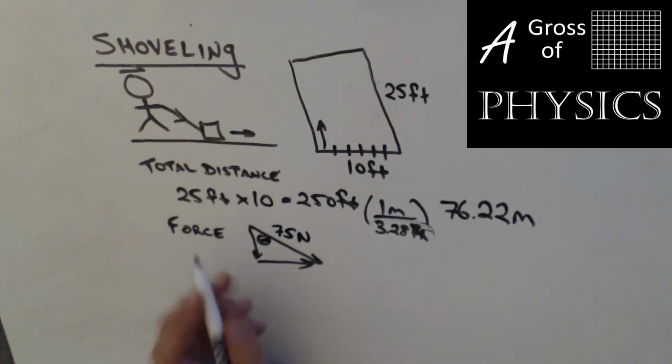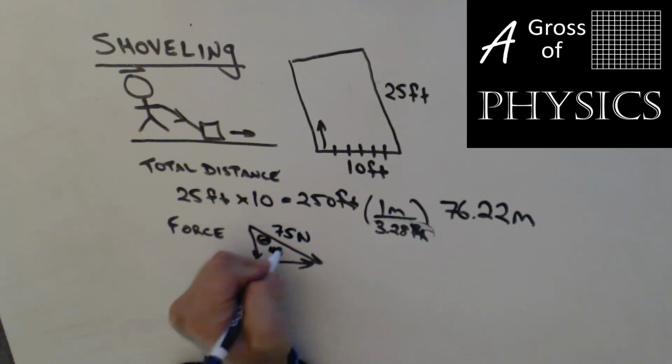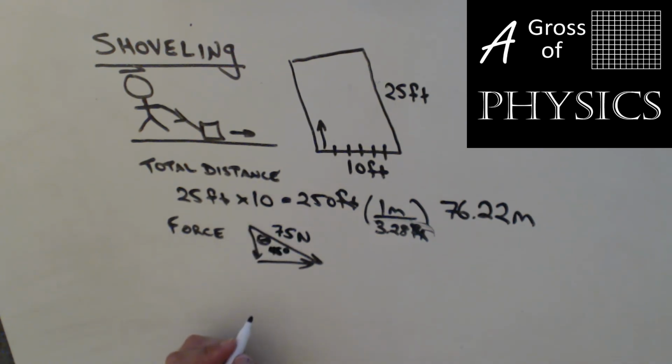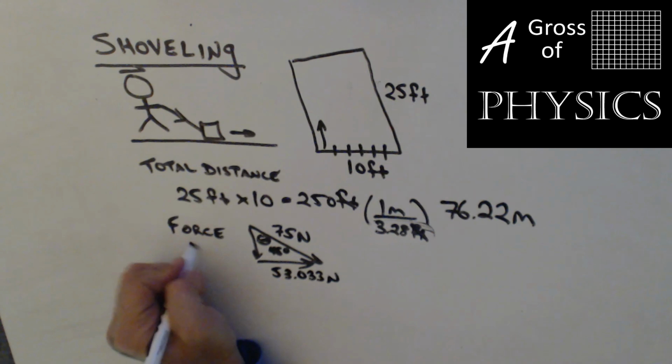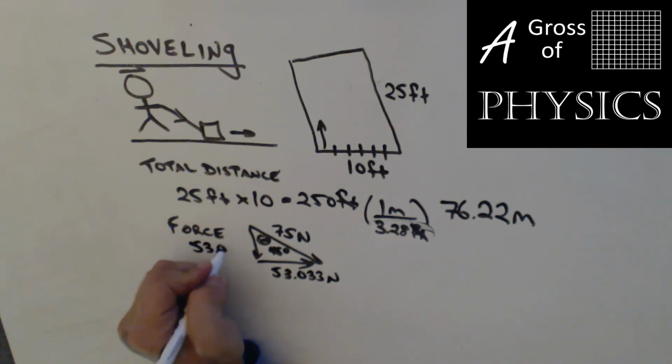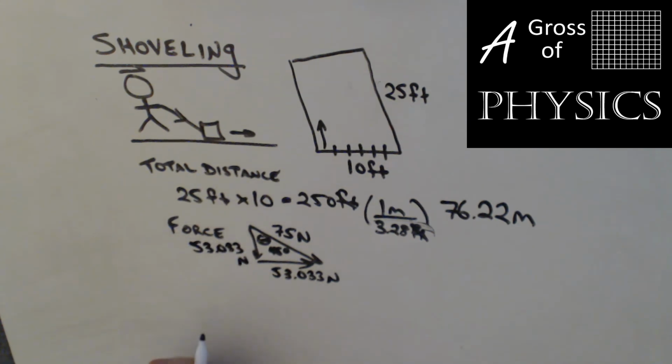And this is just a standard shovel where it's a 45-degree angle. Now that means you'd have to break it into legs, 75 times the cosine of 45, which is 53.033 newtons. And then, of course, because it's a 45-degree triangle, you're going to have the same force in both legs. Now, only the x direction matters. So that's the one that's going to actually supply work.